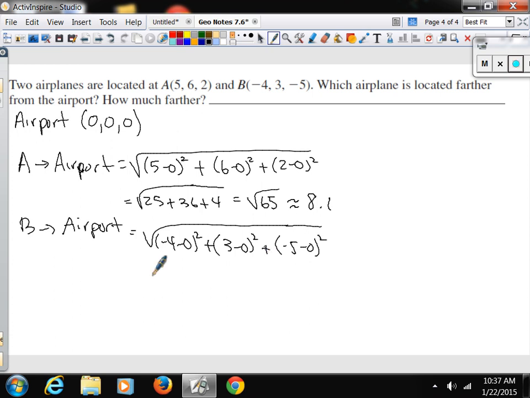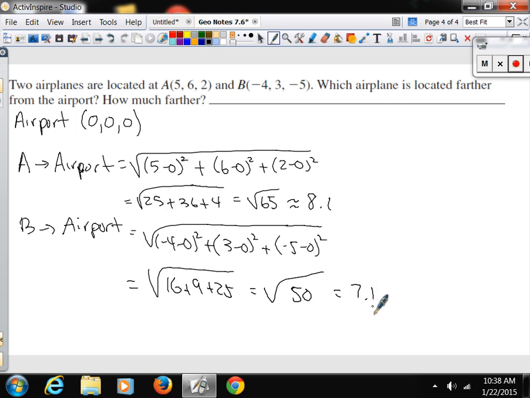Negative 4 squared is still positive 16. 3 squared is 9. And negative 5 squared is still a positive 25. So let's see. 16 and 9 is 25 plus another 25. Radical 50. And that's 1 more than radical 49. Radical 49 is 7, so it's probably 7.1, yeah.